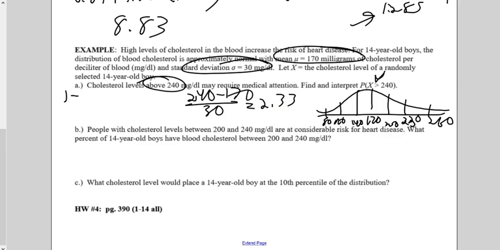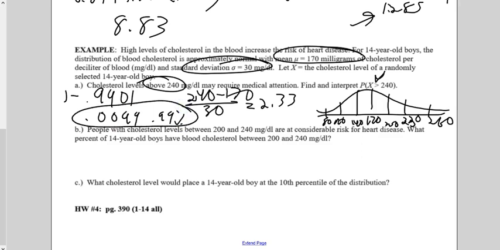So when I look that up, and we already have used that number a few times in our worksheet previously, 2.33 gives me a score of 0.9901. And when I subtract that, I get 0.0099, or 0.99%. That's the odds of being above that number.